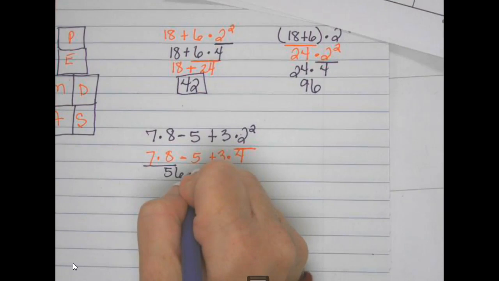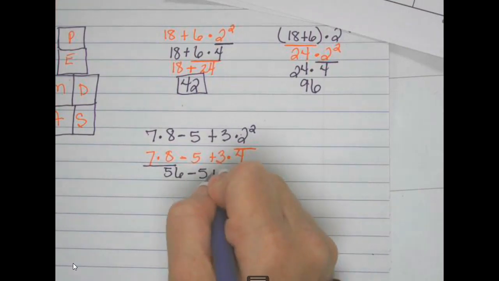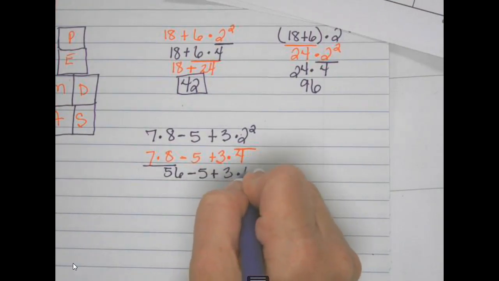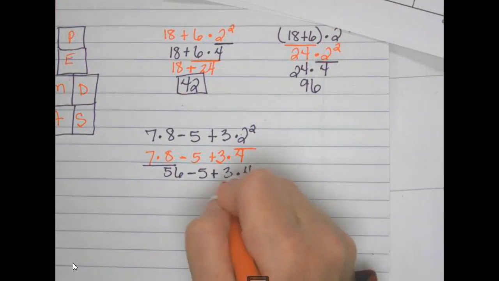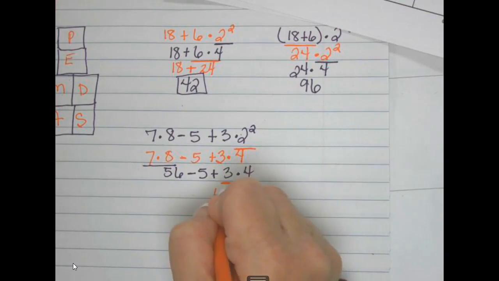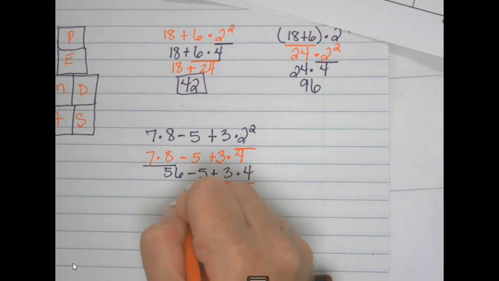Everything else comes straight down. Now I'm going to continue with the multiplication and division. Do I have any more multiplication? Yes. 3 times 4 is 12. And everything else comes straight down.